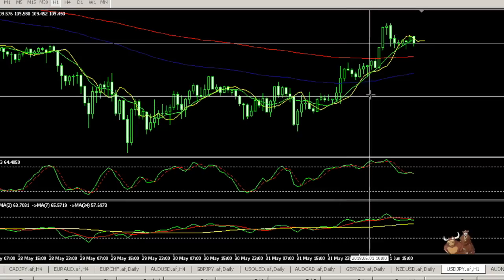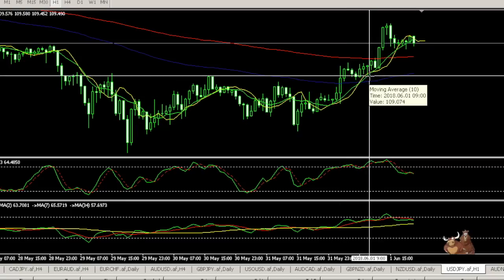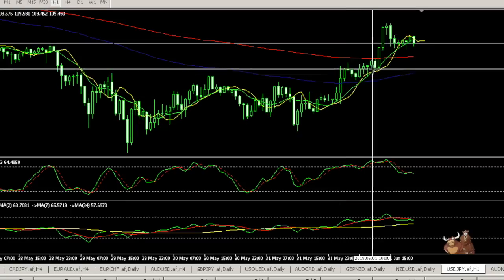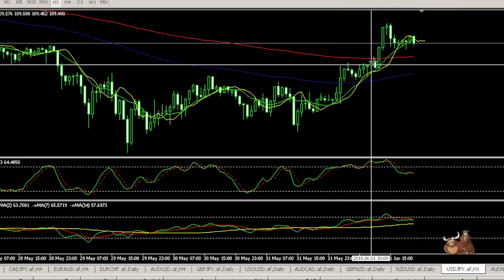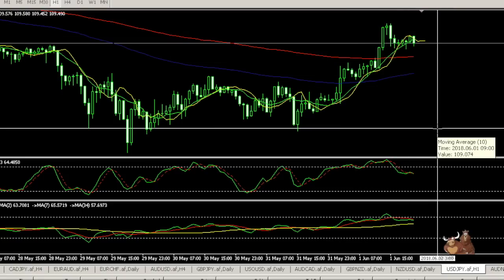And sure enough, from the morning, as soon as President Trump issued his decree, the dollar yen was appreciating all through the London and New York session as traders awaited the non-farm payroll.